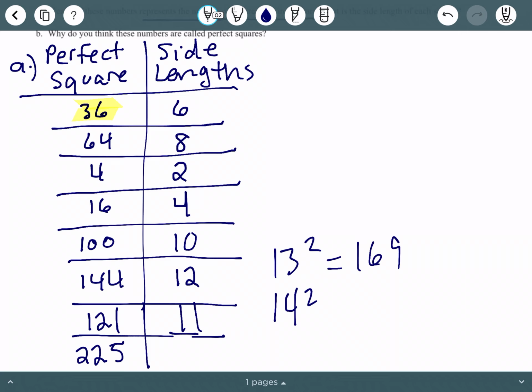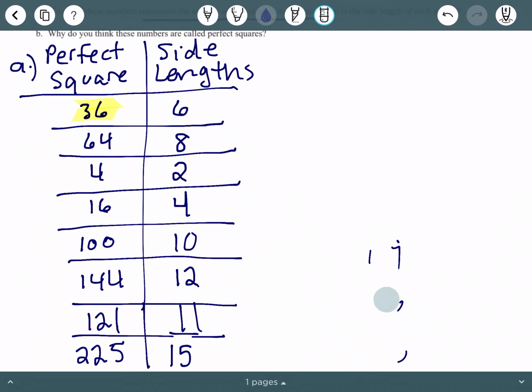So 14 squared gives me 196, so we're getting closer, but it's got to be larger than that. Let's try 15. All right, 15 squared. When I put it into the calculator, I get 225. So our side lengths for this perfect square are going to be 15.